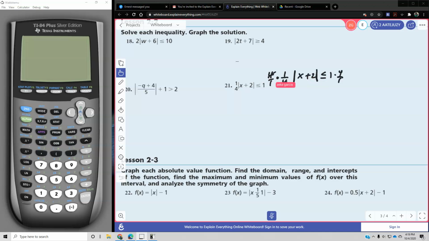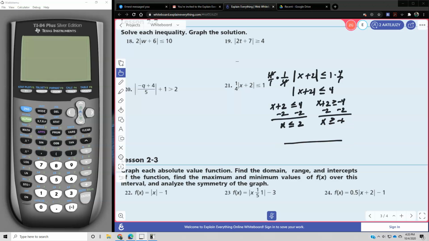So the 4's cancel. So you have the absolute value of x plus 2 is less than or equal to 4. So you have x plus 2 is less than or equal to 4, and you have x plus 2 is greater than or equal to negative 4. Subtract 2 from both sides. So you have x is less than or equal to 2. Subtract 2 from both sides. You have x is greater than or equal to negative 6.